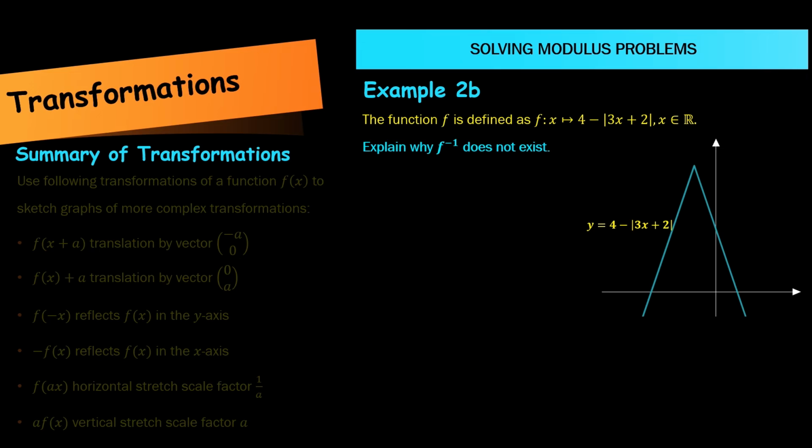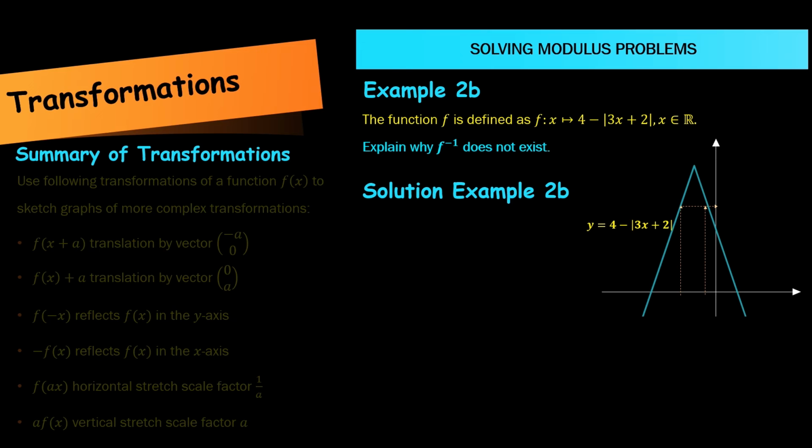And now for part B. The function f is defined as f such that x is mapped to 4 minus mod 3x plus 2 for x in the real numbers. We are required to explain why f inverse does not exist. So again, here's a sketch of the function. And let's solve this problem.